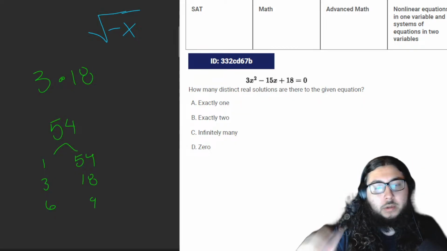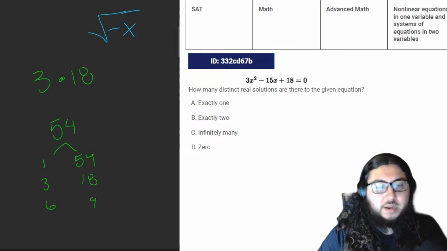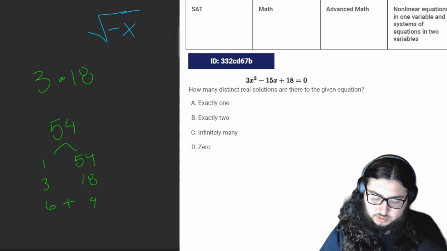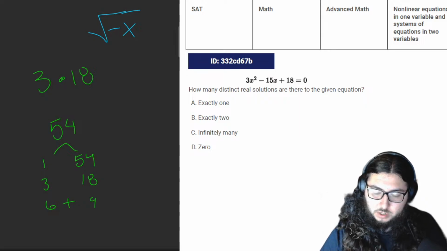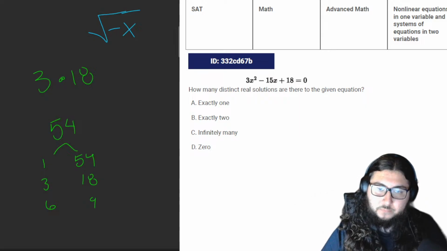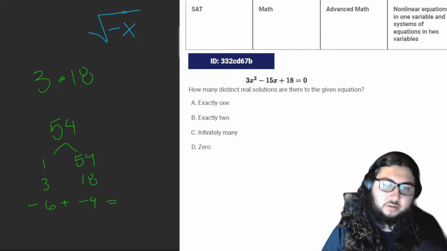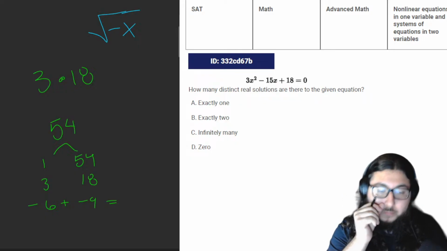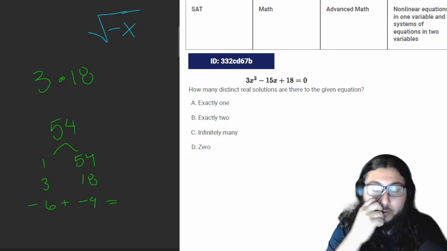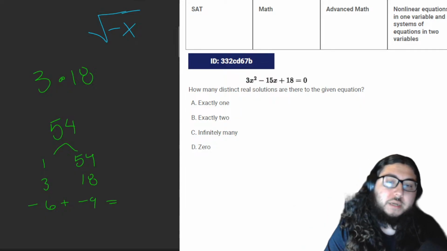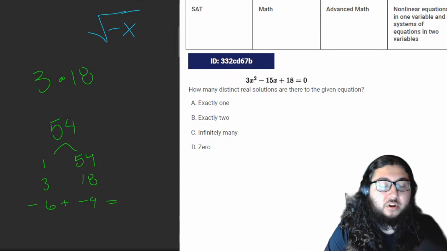So which of these add up to 15? Well, that's 6 and 9. And of course, the 15 is actually a negative 15, so we're going to make this a negative 6 and a negative 9 because double negative makes a positive. So all of these factors can be turned into both negatives and still multiplied together to get 54.